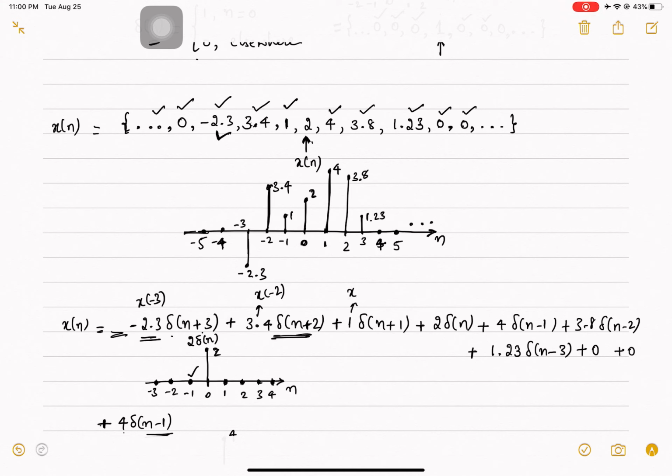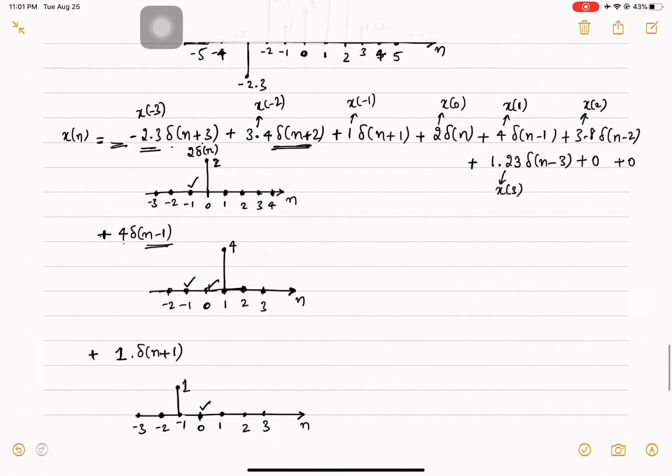This one is x of -1, this is x of 0, this is x of 1, this is x of 2, and this is x of 3, and so on. If you had other non-zero values, you can add them at the corresponding places.